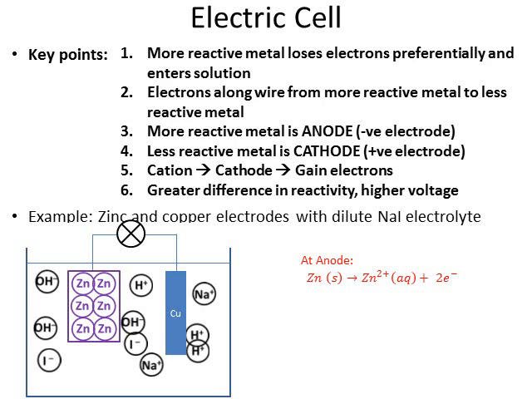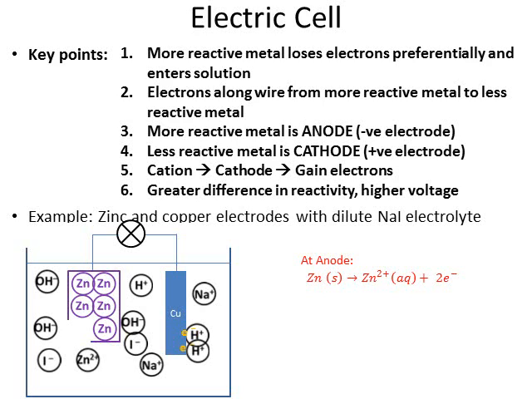The electrons will flow up through the wire all the way to the less reactive metal, in this case the copper. So you get your zinc ions with the two electrons. The zinc ion enters the solution, and the electrons flow all the way to the copper electrode.